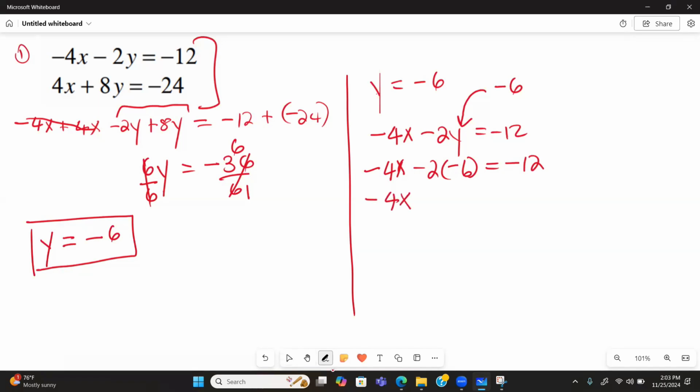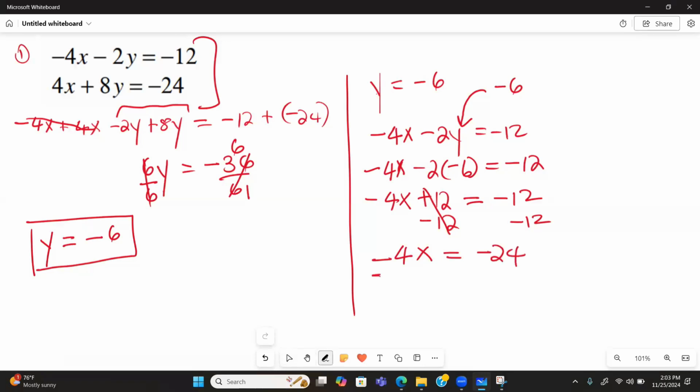Now, let's put it together: -4x, but when I multiply -2 times -6, I get +12, and this is equal to -12. Finally, I subtract 12 from both sides because I want to isolate my x term. So I have -4x; the +12 goes away, and we have -24 on the other side.